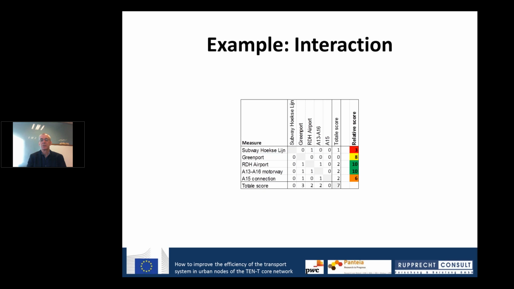As you can see, some cases have an influence upon the other policy measure, while the other way around is not the case. So this gives us a relative score, and as can be seen, the RDH airport, the Rotterdam-The Hague airport, and the A13, A16 motorway score best with 10 points, while the subway Hoekselijn scores least with 3 points.